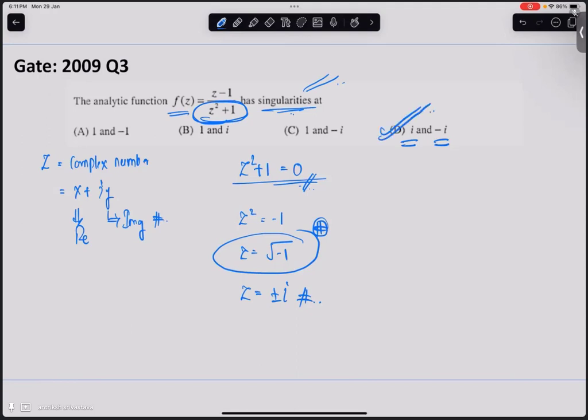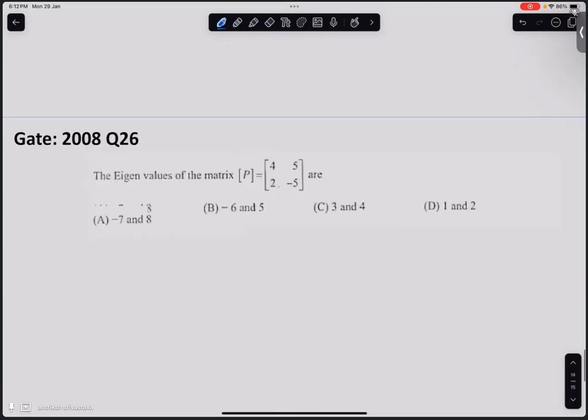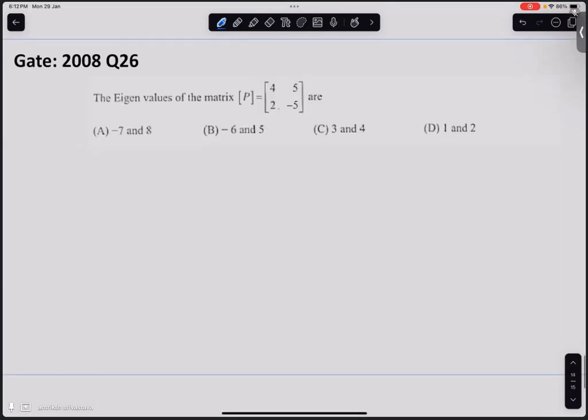Okay, so I hope that was clear. Let's go to the next question. So GATE 2008 question number 26.